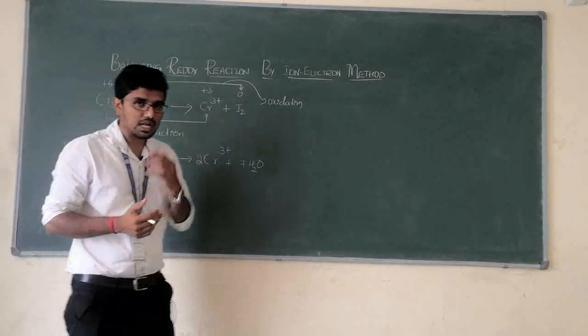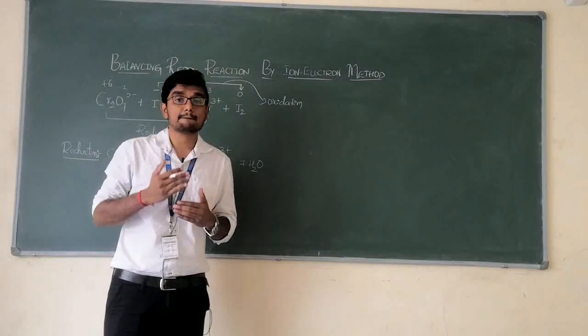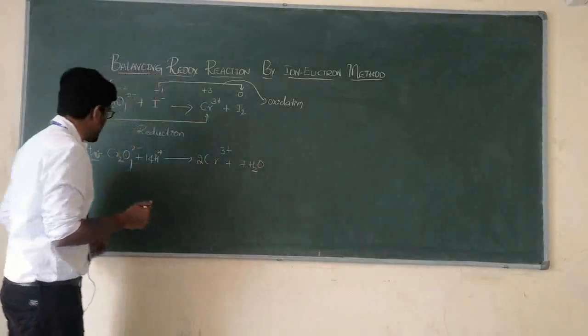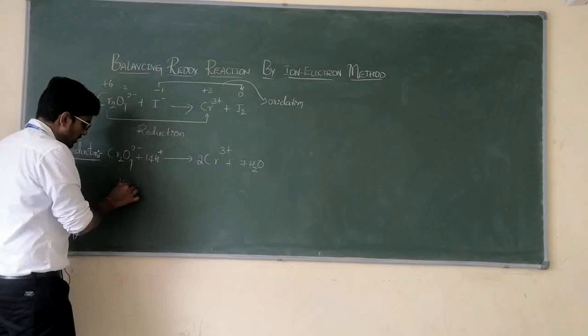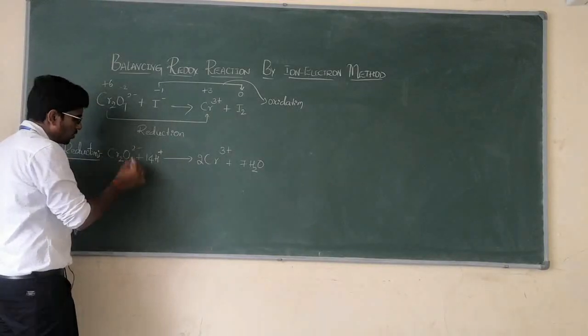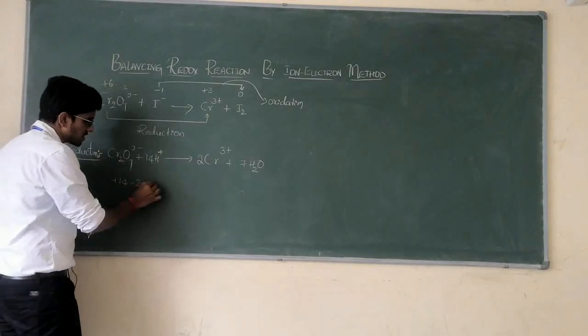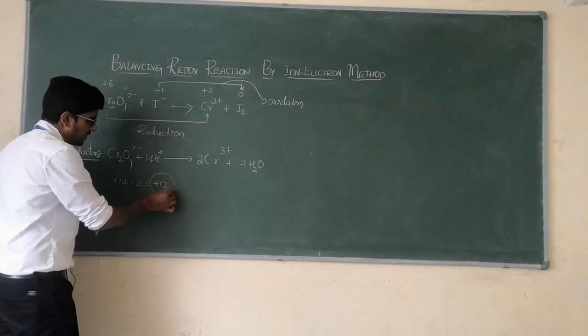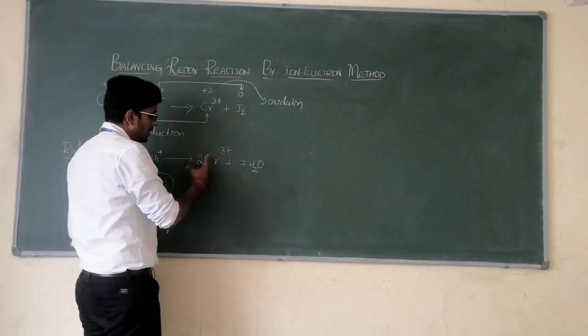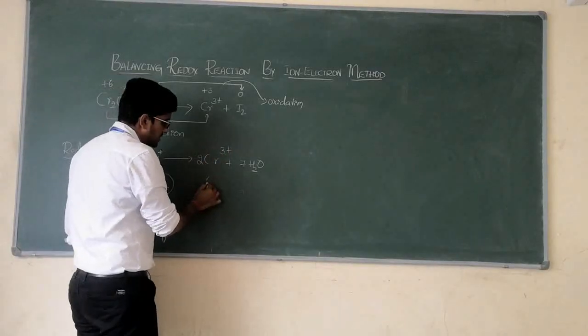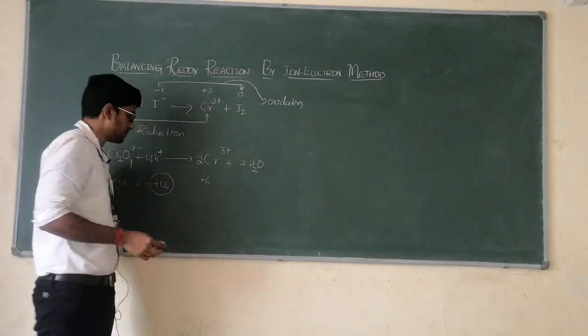The last step is to balance the charge. On the left hand side, 14 H+ gives 14 positive charges and 2- gives 2 negative charges, so overall we have 12 positive charges. On the right hand side you have 6 positive charges.